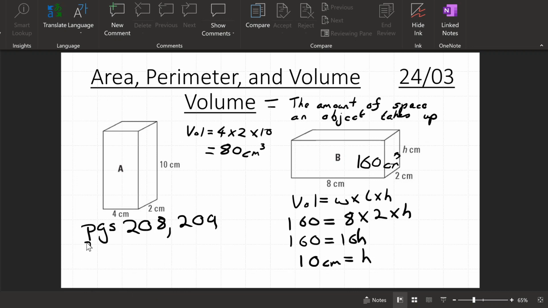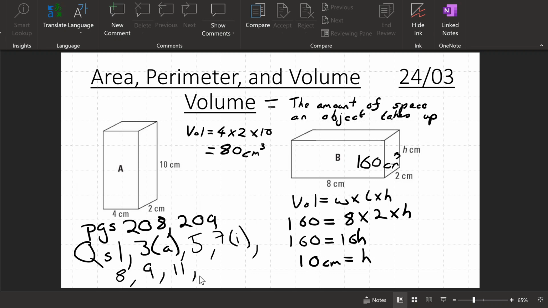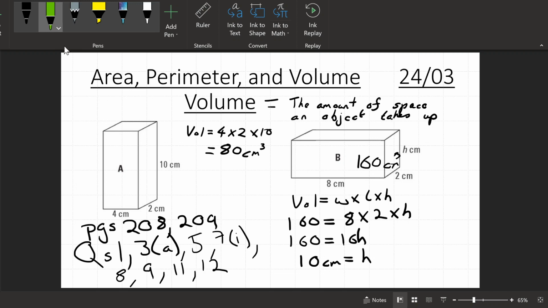Try questions 1, 3 part A, notice it's 3 part A because we haven't done surface area yet. We will do surface area in the next class. So 1, 3 part A, 5, 7 part 1, 8, 9, 11, and 12.